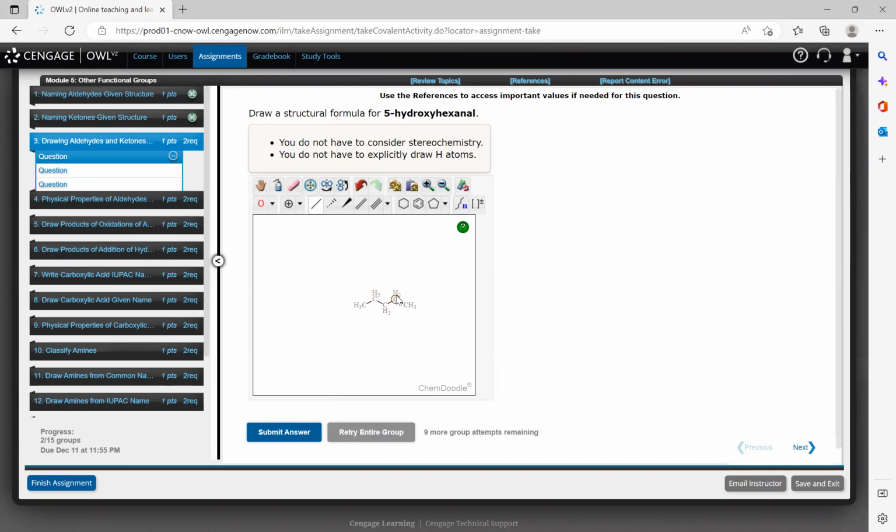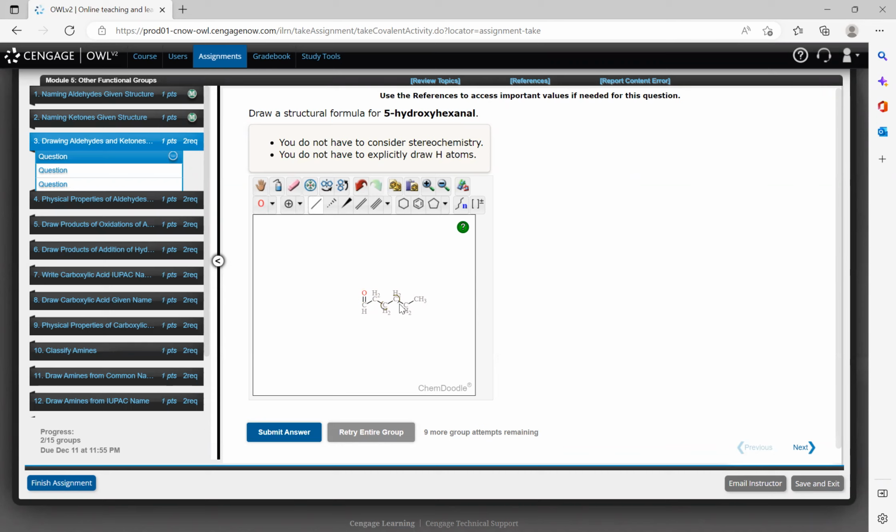And then we know we have that hexanal. So we're going to make this a C double bonded O, and it already shows that hydrogen. So that's going to be our aldehyde. That's going to go on number 1 unless it says something different. So it's on the 1st carbon.